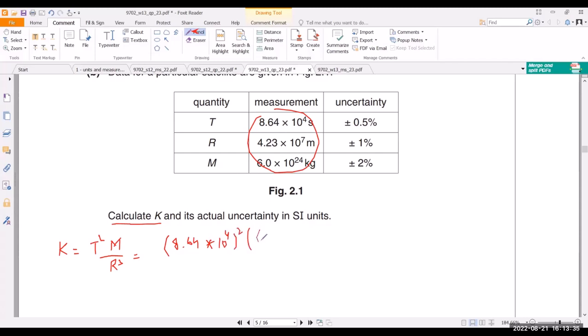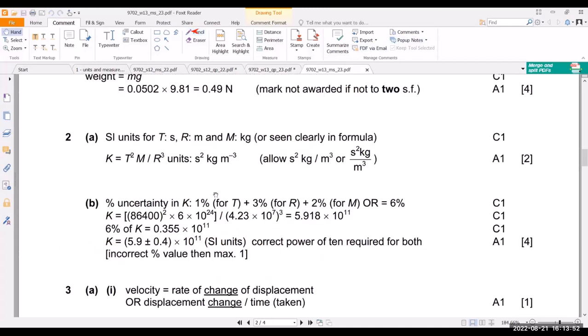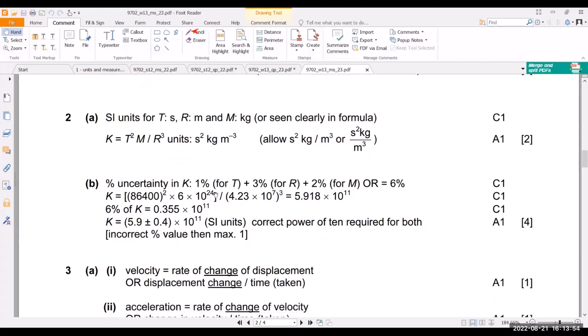For the value of M, you will write 6 into 10 raised to power 24. And for R, you will write 4.23 times 10 raised to power 7, and whole cube. And you will find the actual value. Here I can see the value is 5.91 into 10 raised to power 11.